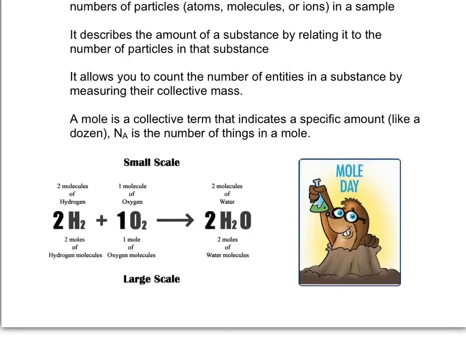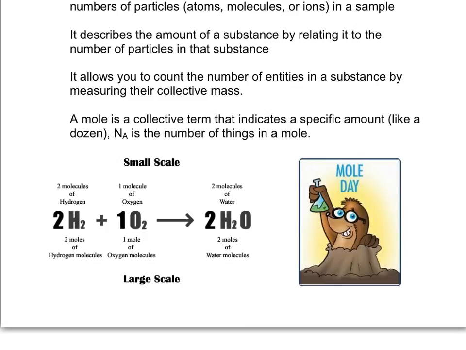Once we have done some introductory calculations with the mole, we're going to start applying this concept in chemical equations. Previously, in a chemical equation we would assume that the 2 indicates just the number of molecules, this 1 indicates 1 oxygen molecule, and this 2 indicates 2 molecules of water.